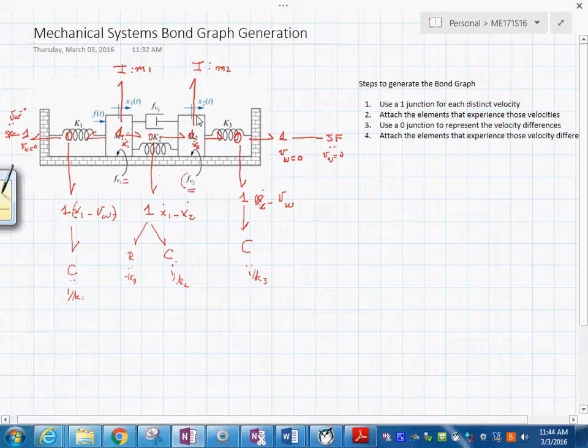As far as I'm concerned, this bond graph model is good enough to put into the CAMG software because it has enough information for the software to number the bonds, and it has enough information to continue with the simulation. CAMG will do the causal assignments, but in this particular case, we are basically finished with that.